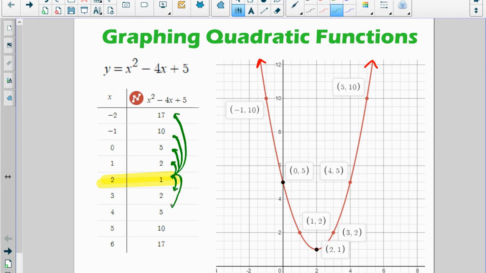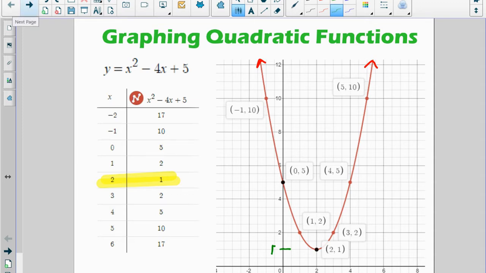In the other direction, kind of the same thing is happening: 2, 5, 10, and 17. And that's going to happen all the time. It's going to be like that anytime you're looking at the y values in relation to that vertex, that minimum value of 1 on the y-axis.